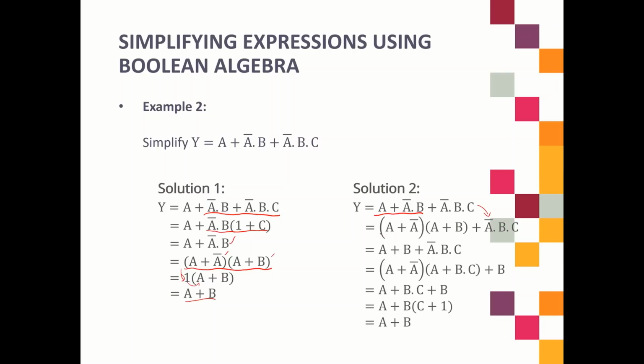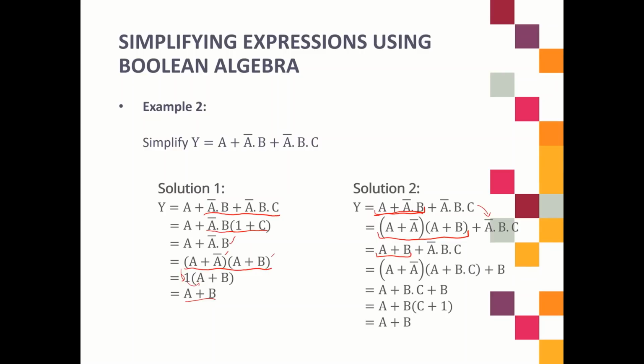So after you apply theorem 10 for the first two terms, you will get these equations, A plus A bar times A plus B. Okay, and then A plus A bar times A plus B, the simplified value, you will have A plus B.